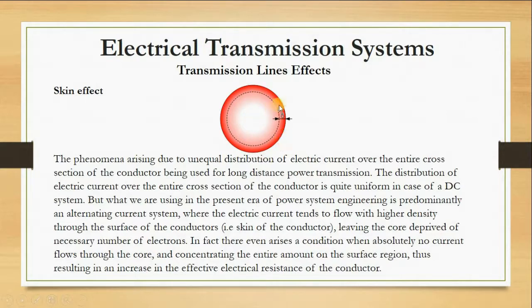Electrically, the cross section has reduced, and if you look at resistance, which is rho times the length over the cross-sectional area, it means that as the area reduces, resistance increases. So once the area is reduced to only this portion, resistance definitely increases.